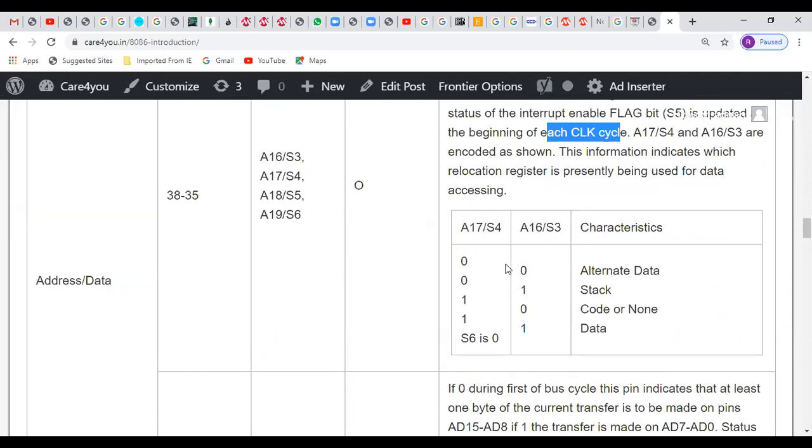When these are 00, this functionality is alternate data. When it is 01, it is used for the stack. When it is 10, it is for the code segment, and when it is 11, it is for the data segment. So you can assume that these states S3 and S4 indicate which particular segment.